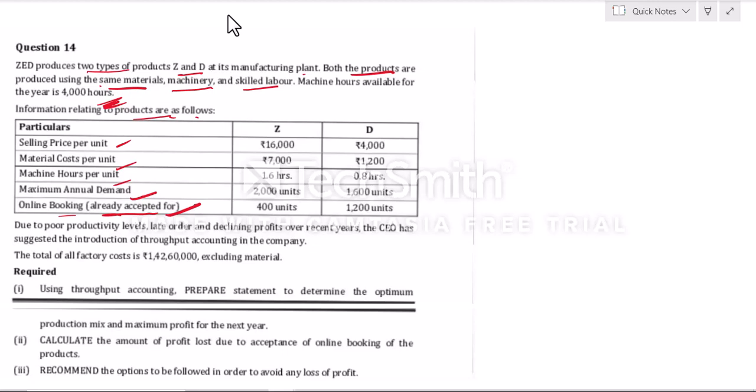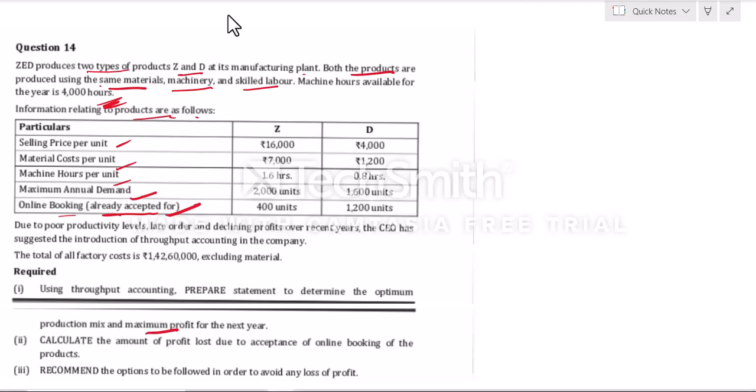Due to poor productivity levels, late orders and declining profits over recent years, the CEO has suggested the introduction of throughput accounting in the company. The total of all factory cost is 1 crore 42 lakhs 60,000 excluding material. Using throughput accounting, prepare the statement to determine the optimum product mix and maximum product profit for that year.